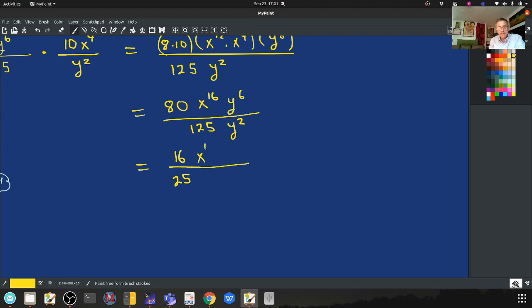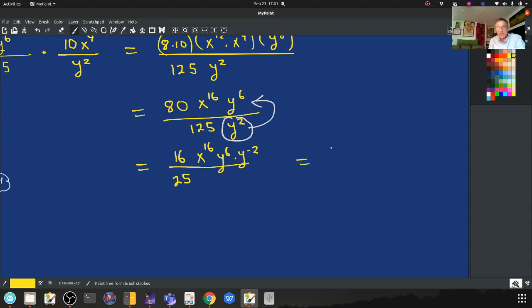X to the 16 is the same, but I'm going to move this up here because 6 is larger in absolute value than 2. That gives me y to the 6th times y to the minus 2.